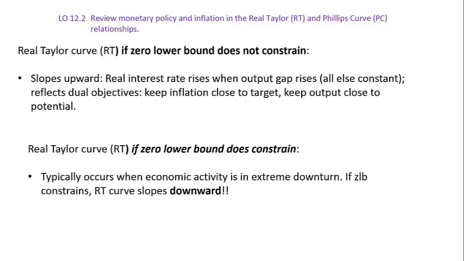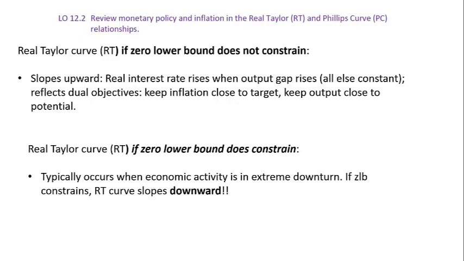However, if the zero lower bound constrains, the central bank is not free to reduce interest rates if the output gap falls. Why? Because interest rates in nominal terms are as low as they can go. That means that the RT curve is going to slope downward if the zero lower bound constrains.